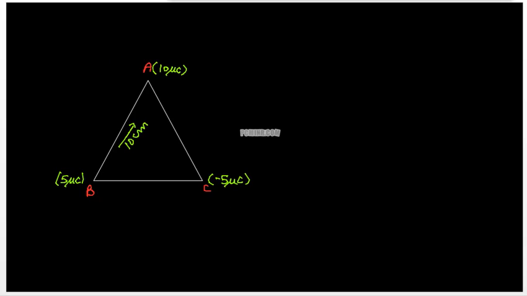So here we have the equilateral triangle ABC, and the charges are placed like this: a 10 microcoulomb charge at A, a 5 microcoulomb charge at B and a negative 5 microcoulomb charge at C. So the force that B would exert on A would be a repulsive force because both of them are positive charges.